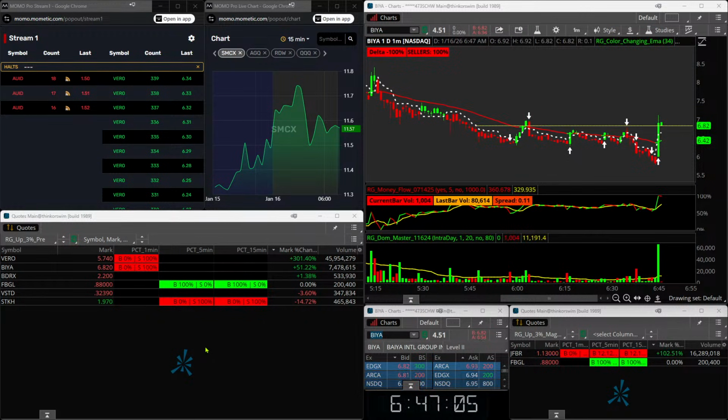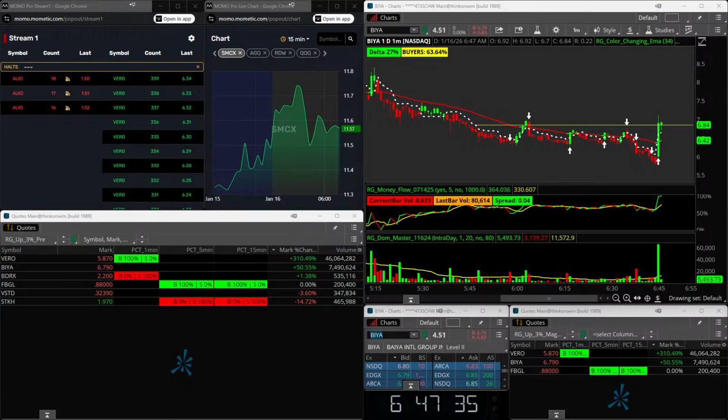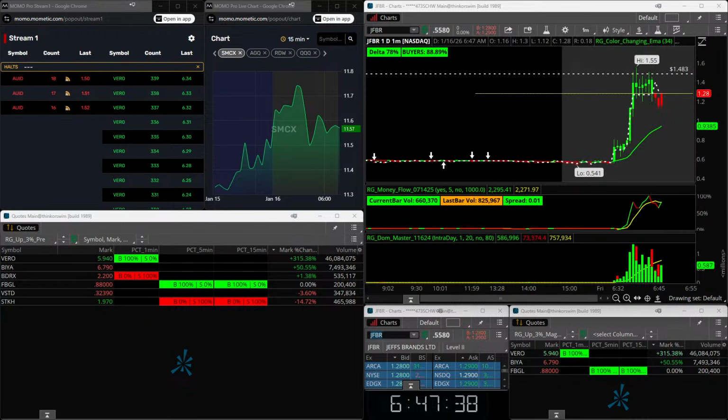All right, patiently waiting, not seeing much of anything. BYIA is already on the screen, but it ain't moving. JFBR looking north again. At 148 was a roadblock.